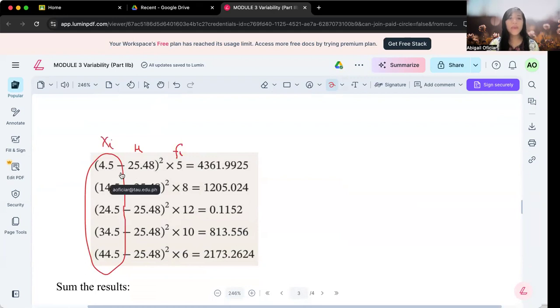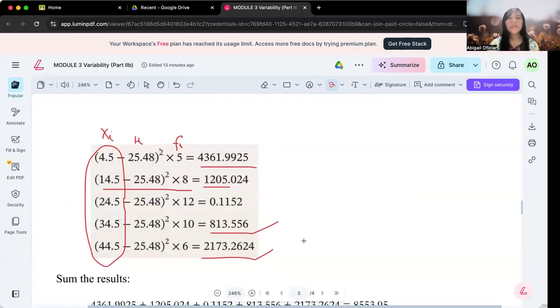So 4.5 minus 25.48, then you square it, times 5, and the answer is 4,361.9925. And the next, we have 1,205.024. Then the next is 0.1152, and the rest.